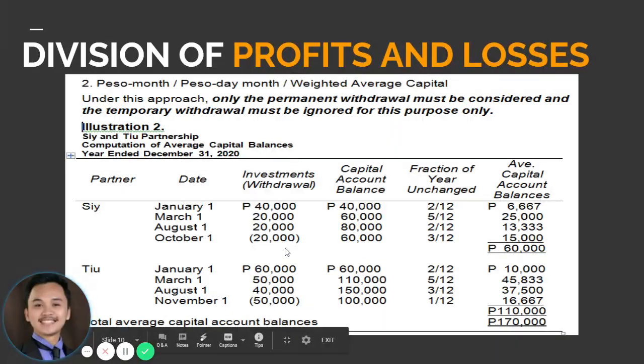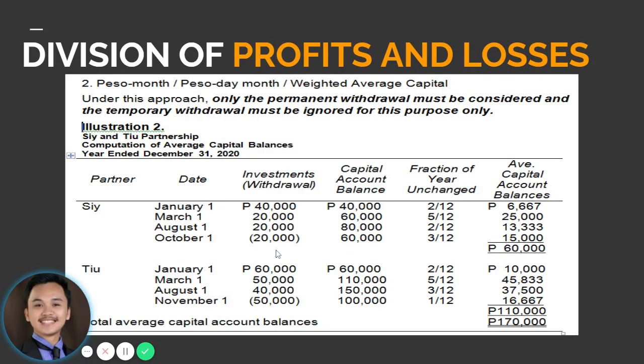If it's a withdrawal, it should always be deducted to compute your average capital balance. So we have a 20,000 withdrawal. From 80 minus 20, it becomes 60,000. So 60,000 times 3 over 12 gives you 15,000. Here, in the average capital account balance, we do not deduct it again; we only deduct it here in the capital account balance.